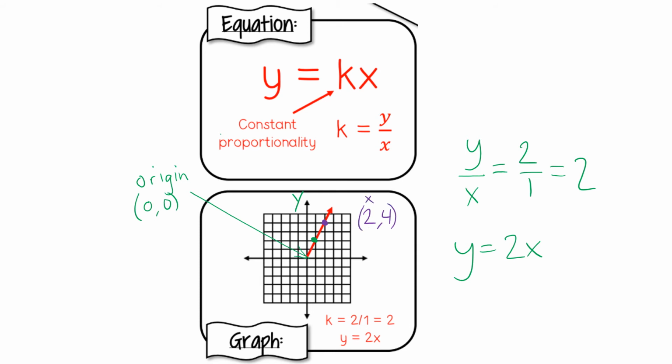So 2 is the x value and 4 is the y value. And if I put this into y over x, to find that k, which is the constant of proportionality, I take 4 divided by 2, which is still 2. See, that's the constant of proportionality. No matter what y value you take, divided by any x value, you'll get 2.